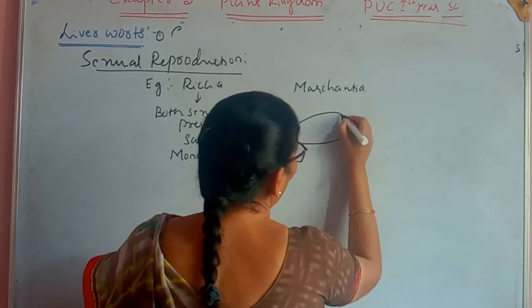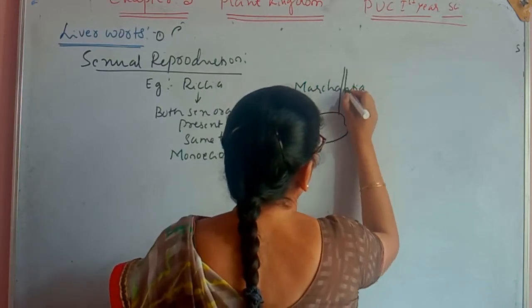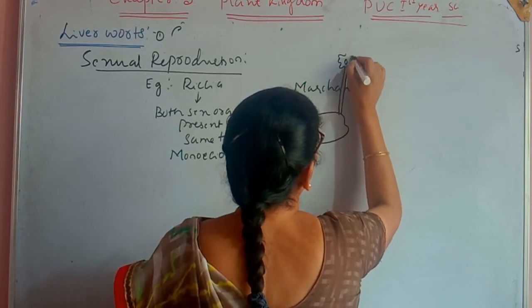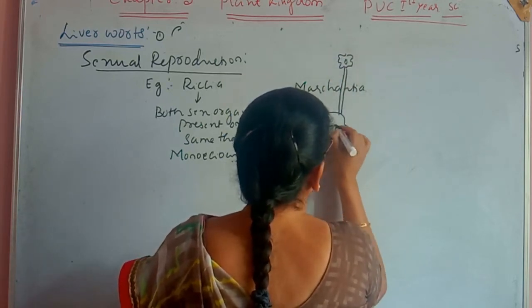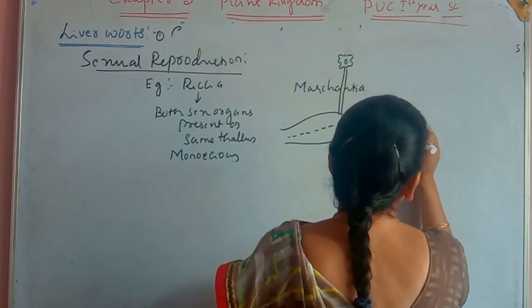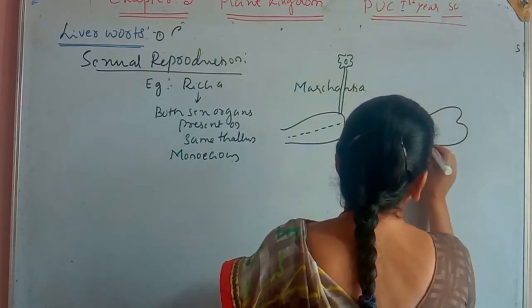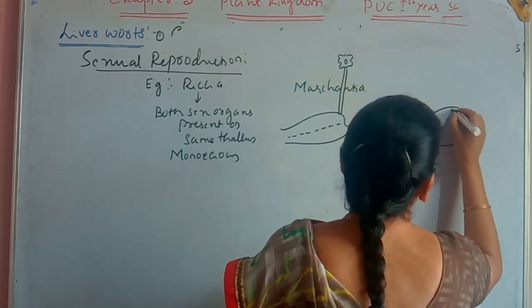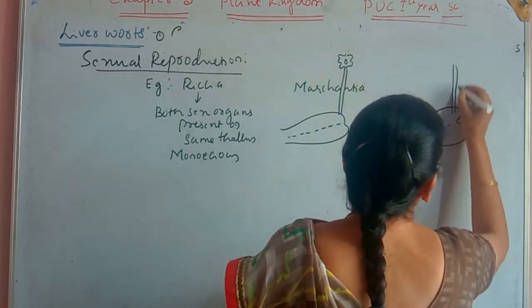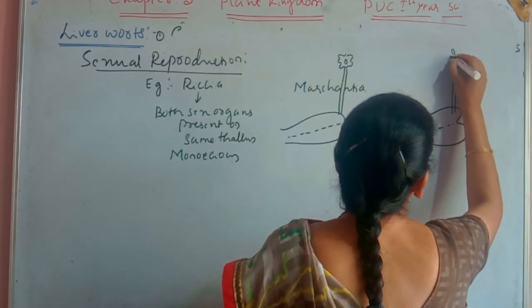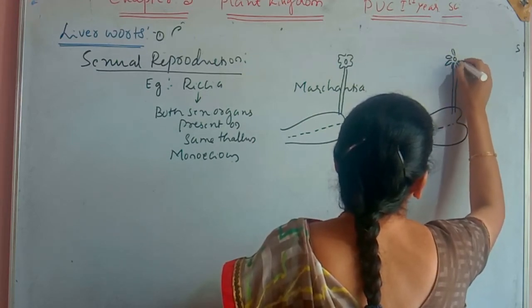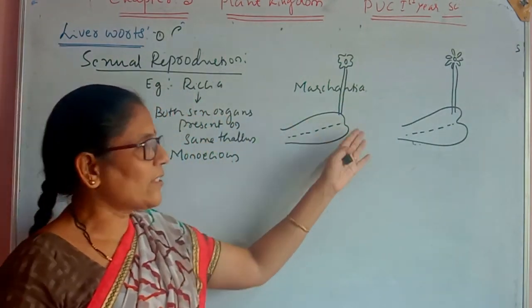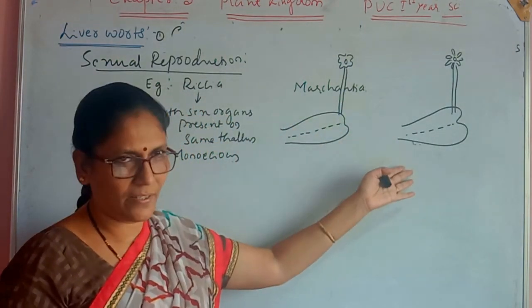So two sex organs are present on two different thalli.